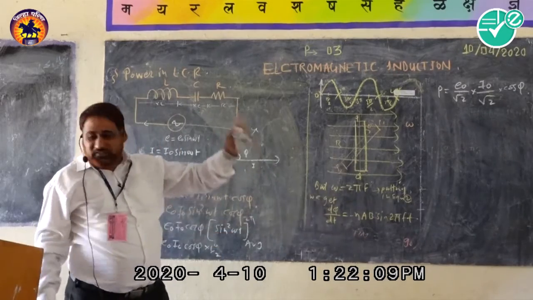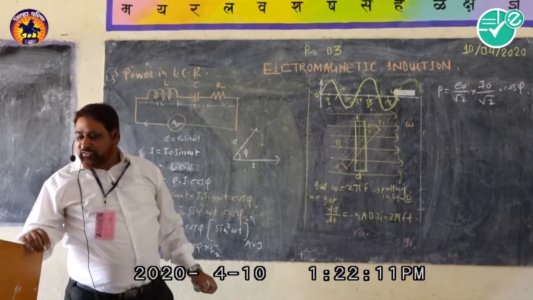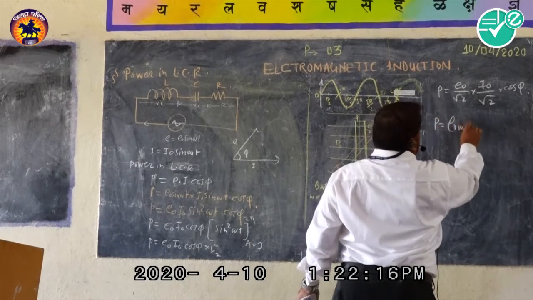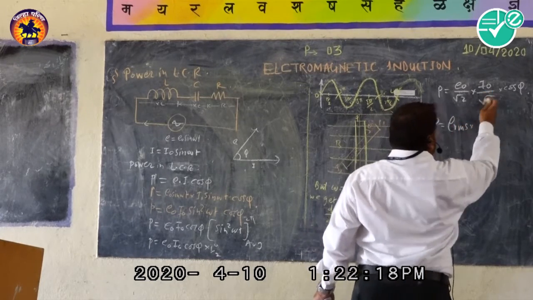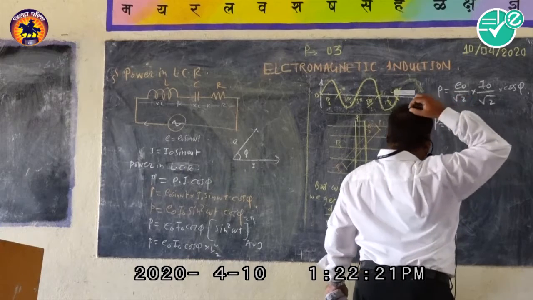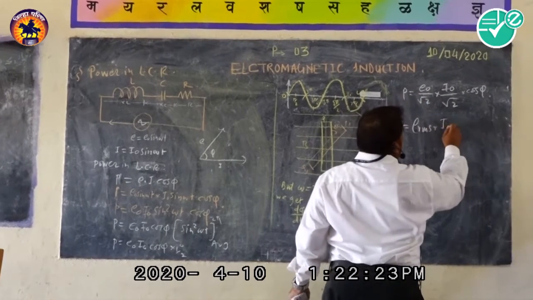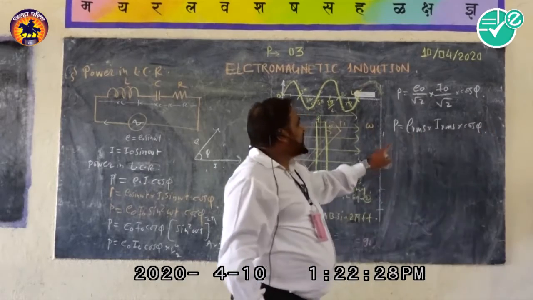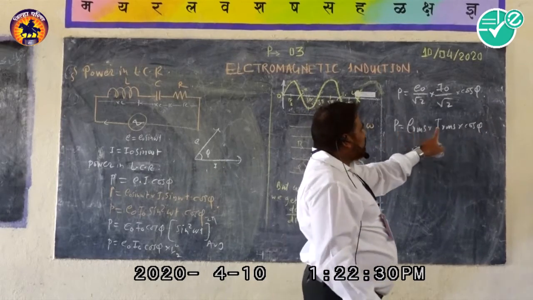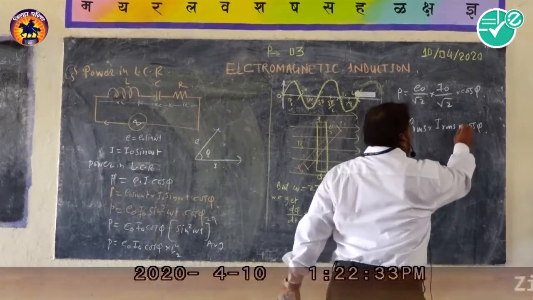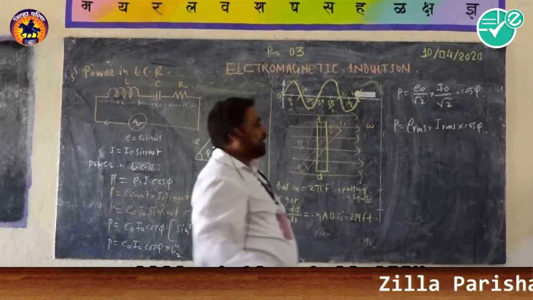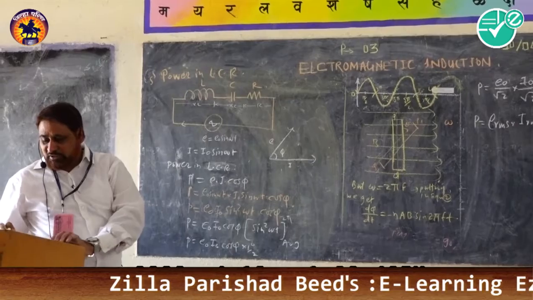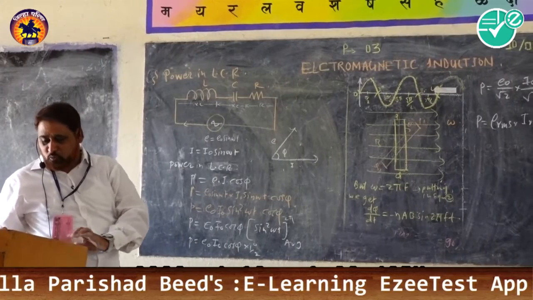So the same equation is written in another form. P is equal to ERMS into IRMS into cos phi, where I0 by root 2 is called the root mean square value of current. This is the expression for power in the LCR circuit.